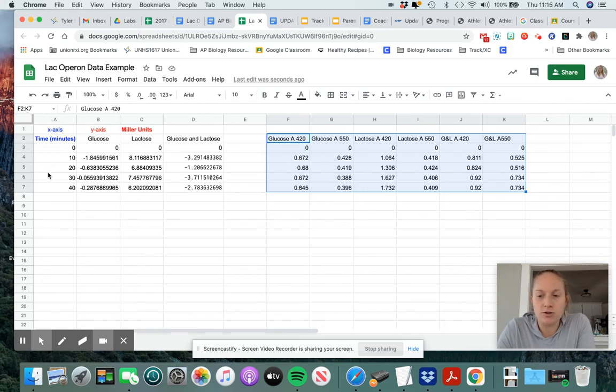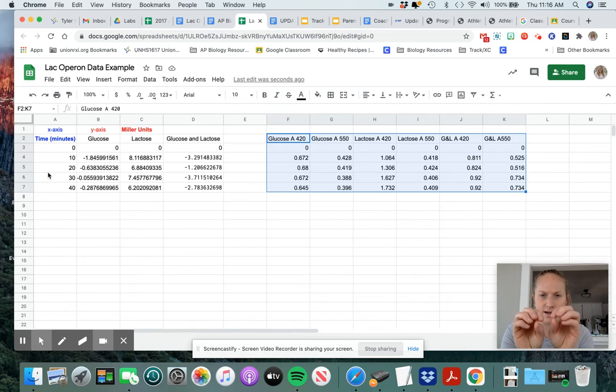This equation was come up with by a scientist named Miller who specifically studied this enzyme's activity. So we are using this equation from the scientist who found that this was a way to measure beta-galactosidase, which, if you recall from our operon, is what breaks apart the lactose.